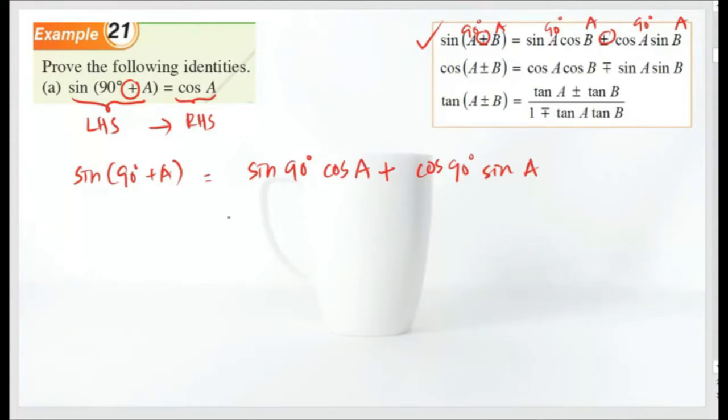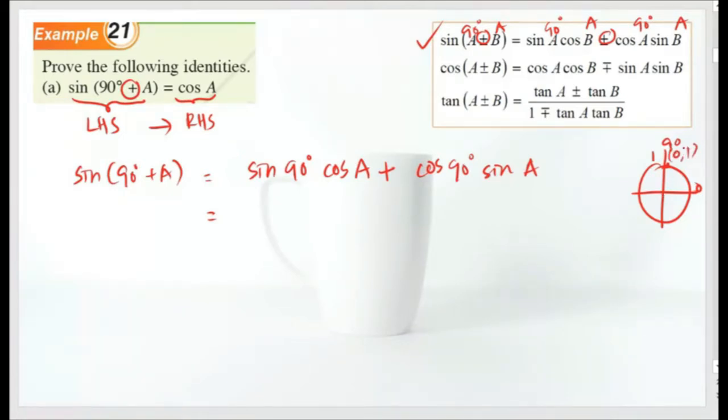Okay, so what is the value for sine 90 and cos 90? What is your coordinate here? The coordinate here is 0, 1, right?